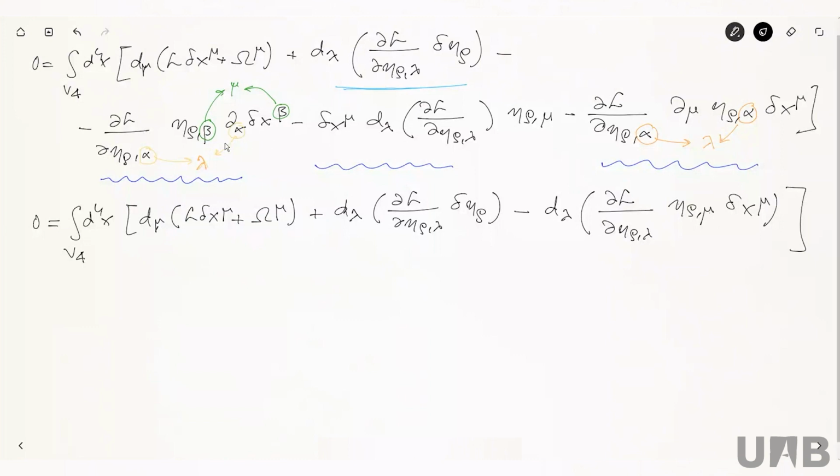Okay, so this is when the derivative acts on delta x. So let's do it here and slowly, okay? That means I have dL, d eta rho comma lambda, eta rho comma mu, and then I have d lambda delta x mu. Okay, so far? Yes, okay. Now, delta x mu depends on x only. Agreed?